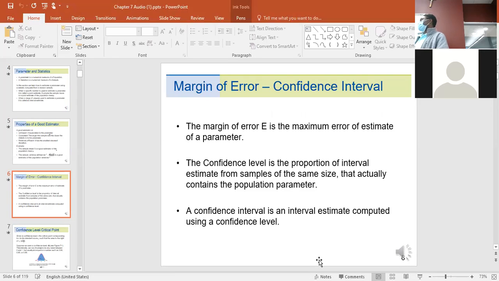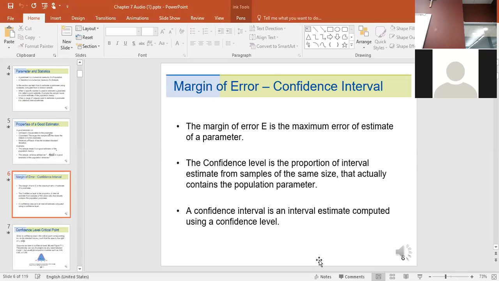Either the point estimate is true or it is not. But an interval estimate will give us a range of possible values for that. So when we are talking about confidence level, we are looking at an interval, a range estimate based on samples of the same size, and what proportion of those intervals will actually contain the parameter.